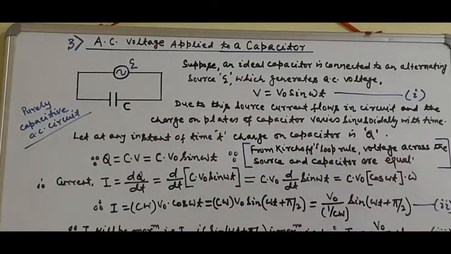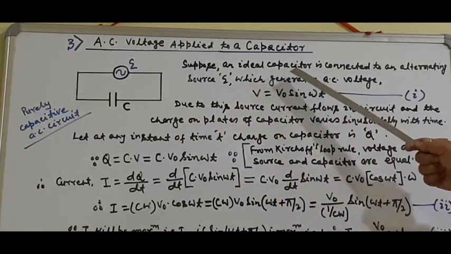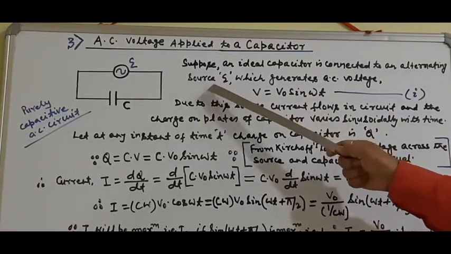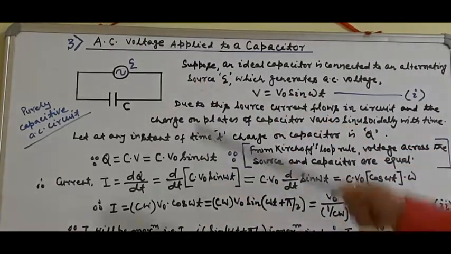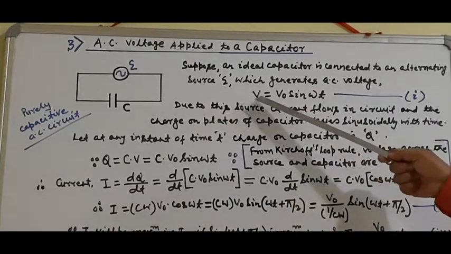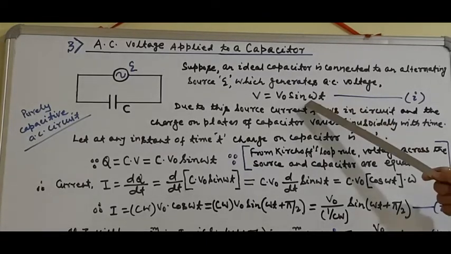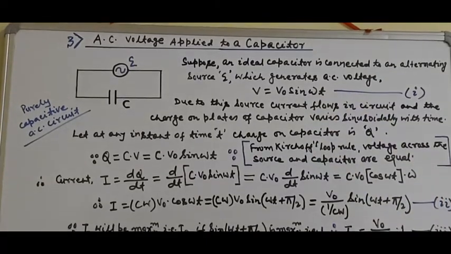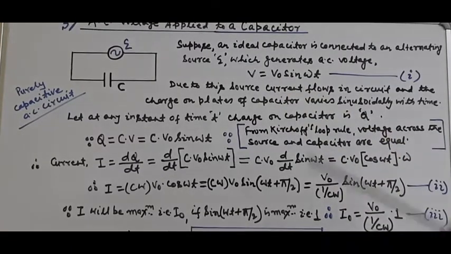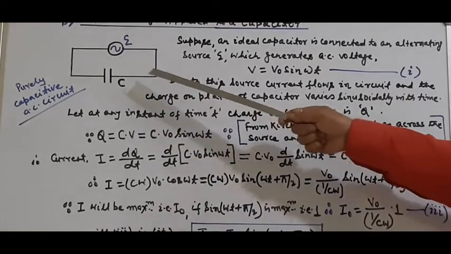Suppose the source generates a voltage V equal to V naught sine omega t. Already we have read this in both the previous cases, where V naught is the maximum or peak value of voltage.